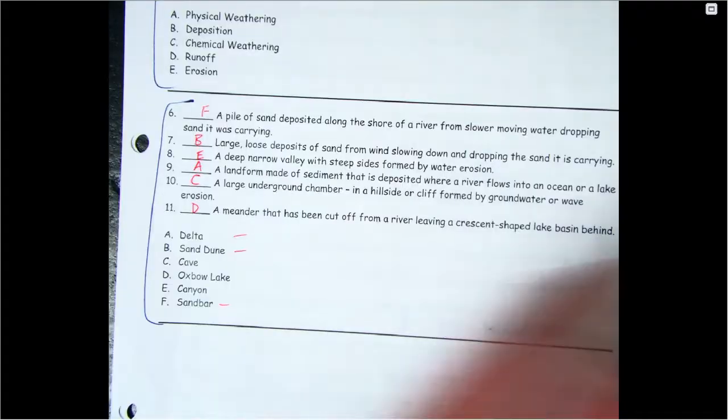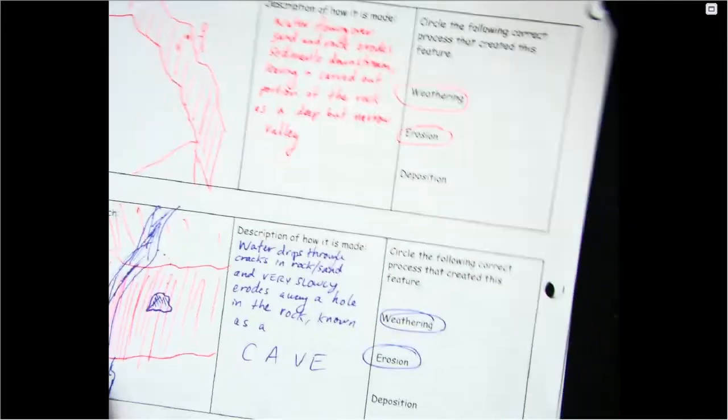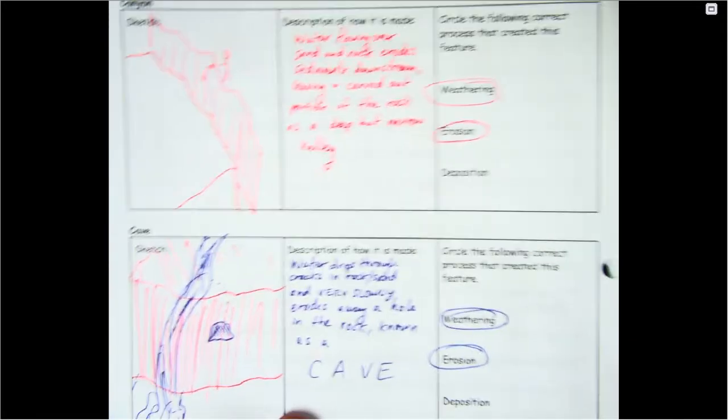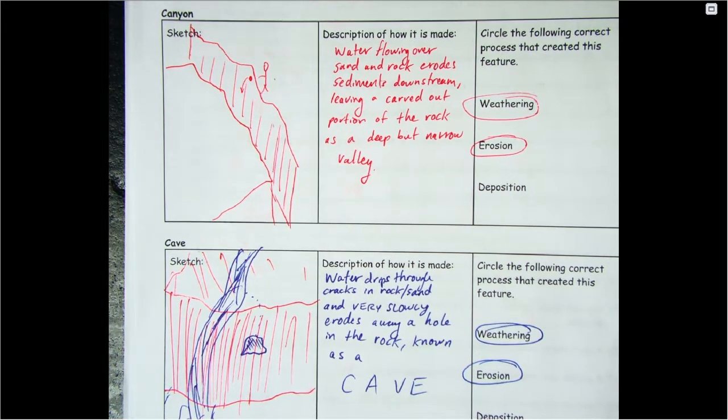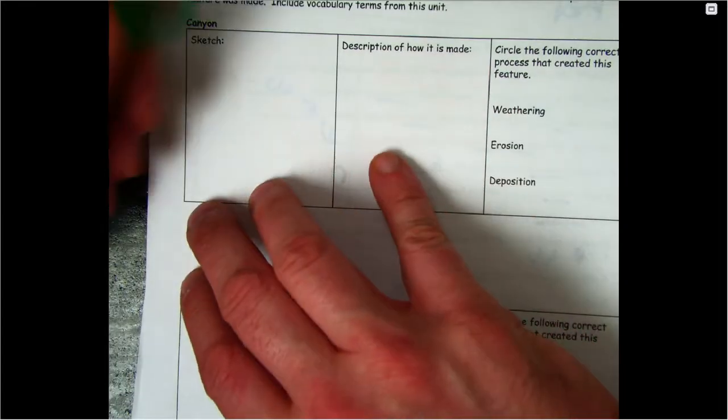Okay, now we want to get into the drawings. For the drawings, again, here we have valley. Valley is going to be water flowing over sand and rock. The alternative drawing that I showed you for the valley or the canyon, you could also show it this way.